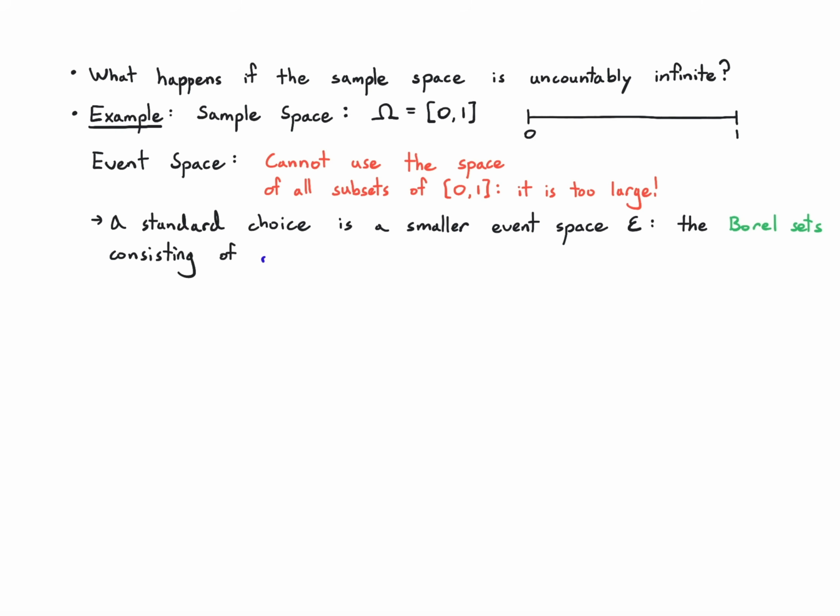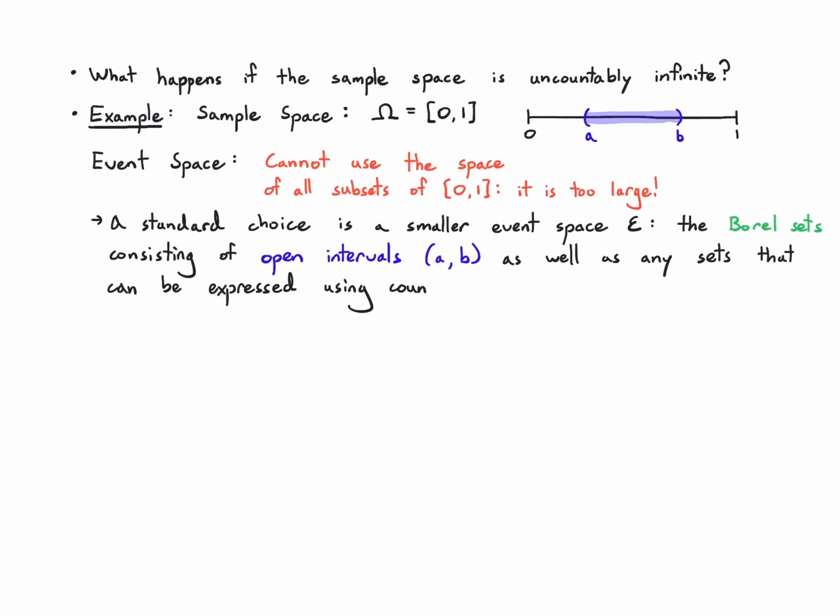They just consist of open intervals, let's say written as (a, b), and any sets that I can express using countable unions and complements of open intervals. Thinking about this, you can see that this immediately satisfies all of the rules I need for an event space, because I have included some sets, and then I just said anything with countable unions and complements is already in there, so all of those properties are satisfied.